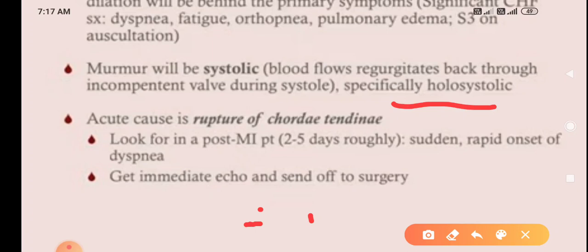Acute cause is rupture of chorda tendineae. The ischemia and infarction is a chronic case. We can treat even conservatively, but acute cause is rupture of chorda tendineae, which is an emergency.